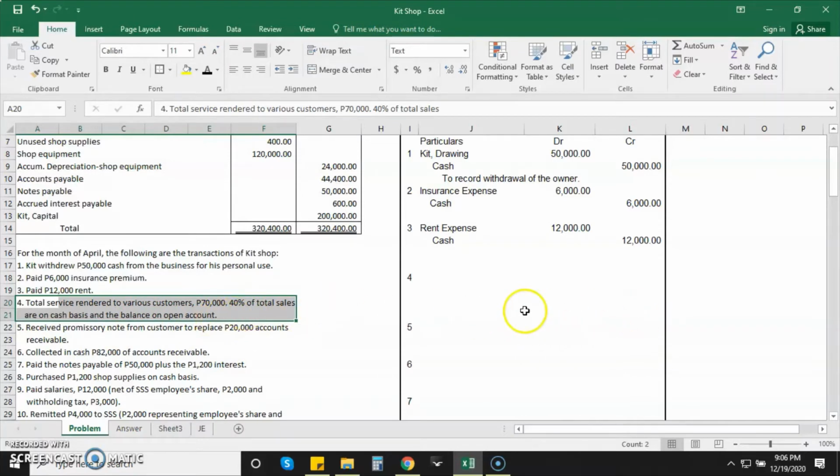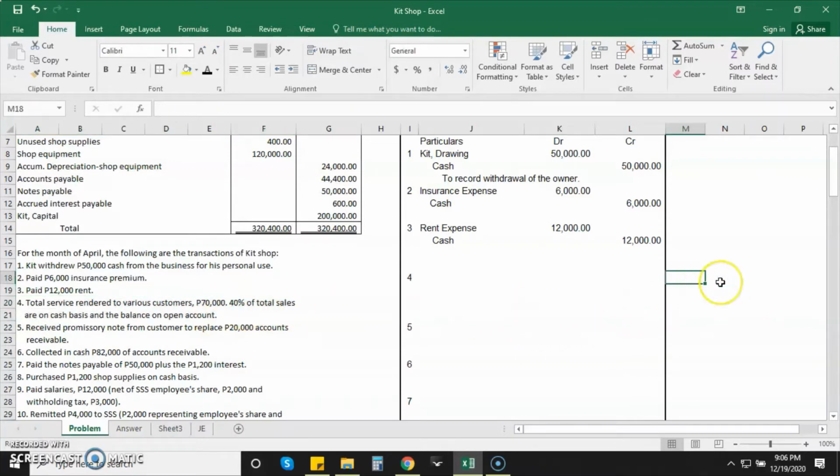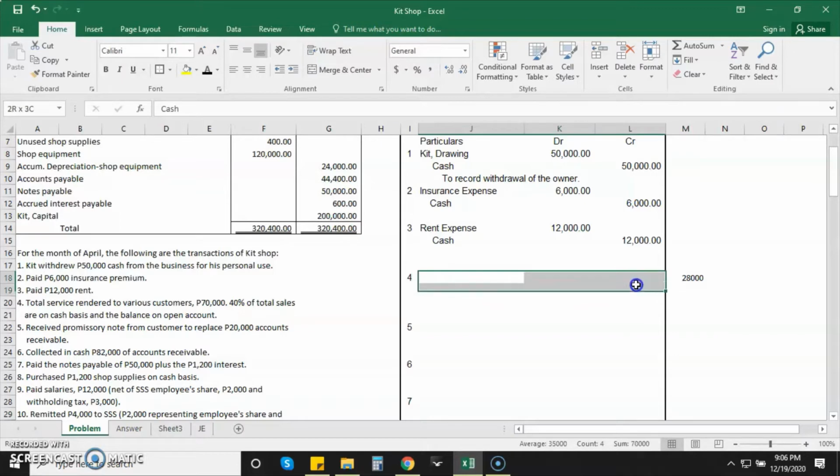So what is 40% of 70,000? Times 0.4, that would be 28,000. So what is 28,000? Paid in cash. So there is an increase in cash.